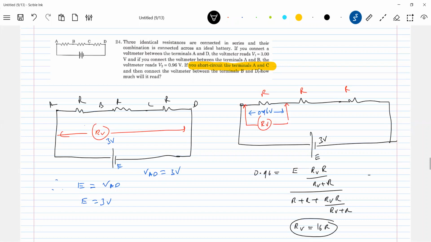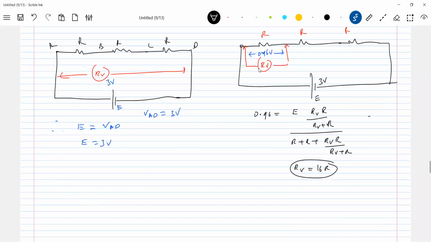Next again, so it's short circuiting, no? It is asking now the value of the thing. So now I'm going to short circuit it. Let's go for the next condition. The circuit should be a short circuited wire.